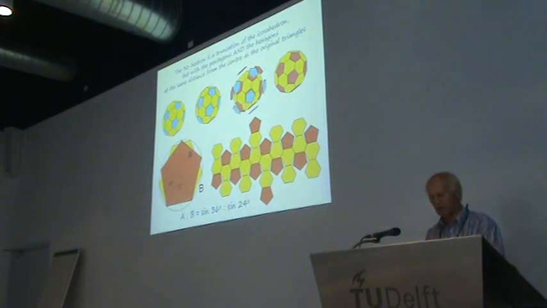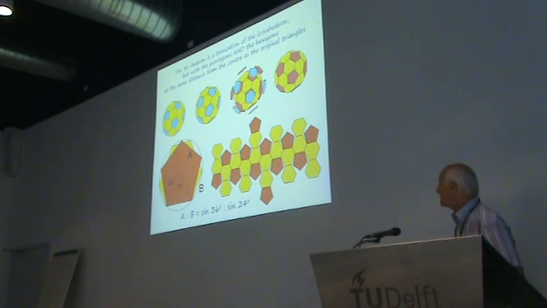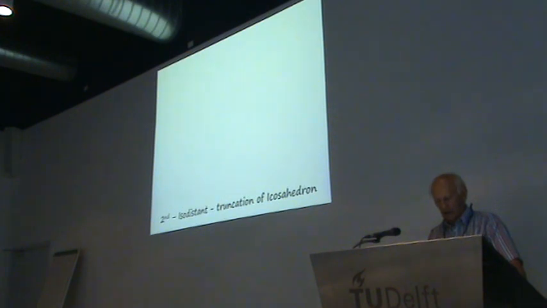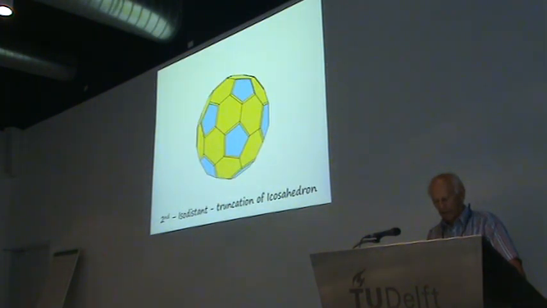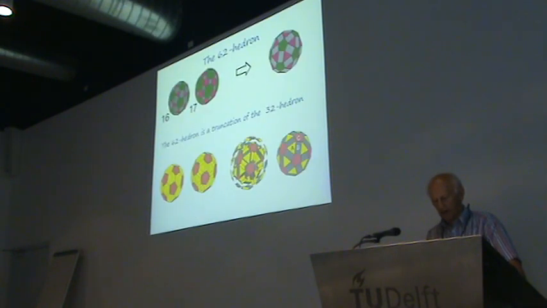This is the 32-hedron, where an extra piece of material has been cut off, and you again find a very simple relation of the sides A and B, as you may see, sine 36 over sine 24. This is the second truncation of the icosahedron, truncated icosahedron.